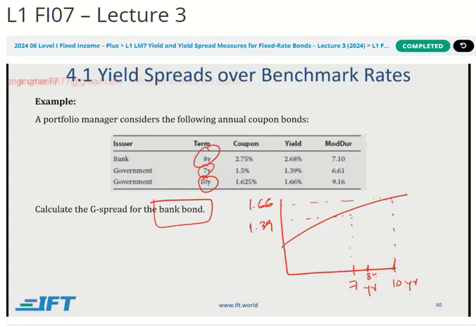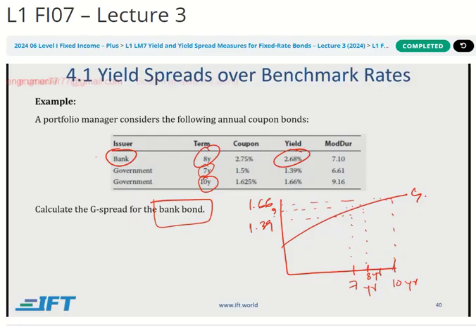First, find the government bond yield for 8 years, and then the rest is easy: you just subtract that from the corporate, or in this case the bank bond. But the real question is how you will calculate the yield for the 8-year government bond. Please pause the video and try to do it.